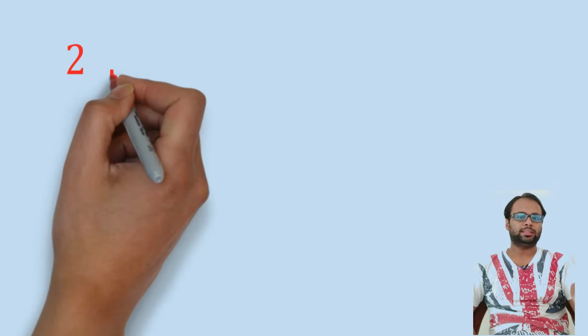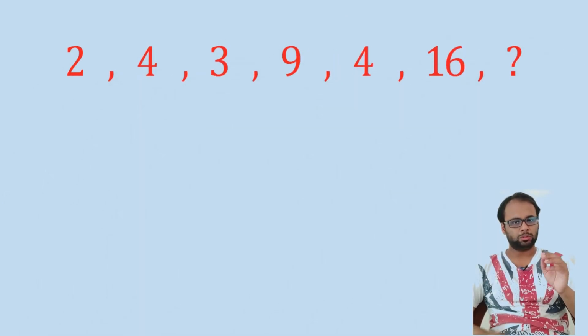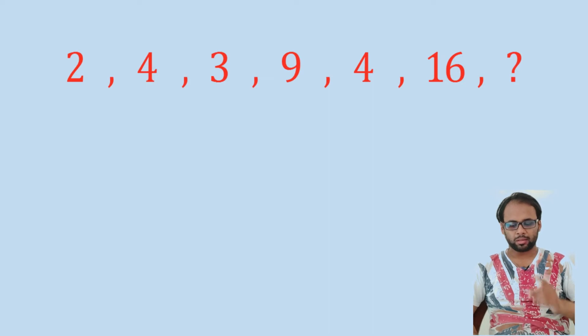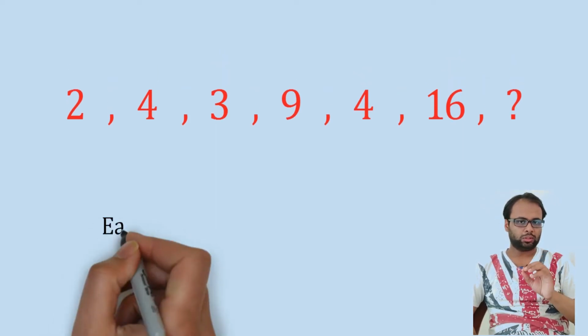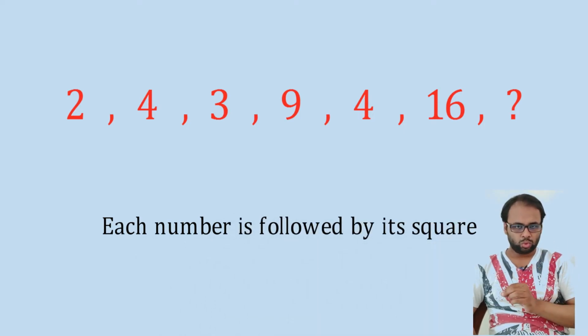Once you read out the series and once you go through all the questions in our videos, you will be able to actually recognize which series this is and then you can apply yourself. Next we see 2, 4, 3, 9, 4, 16. Now obviously this is not a straightforward square series. But if you see carefully, 2 and then 4.